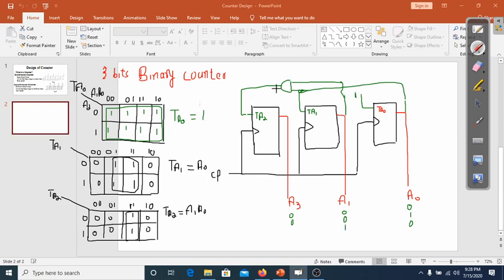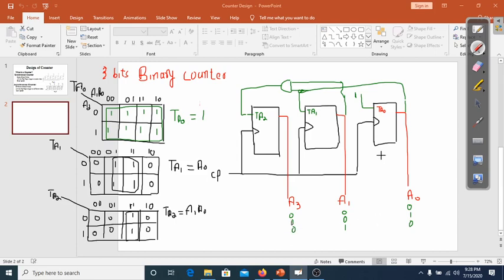So here this AND gate, it has one input is 1 and other input A1 is 0 here. So the product, so the output of this AND gate is 0. So the input of TA2 is equal to 0. So as the present state is 0, so the input is equal to 0, there would be no change.